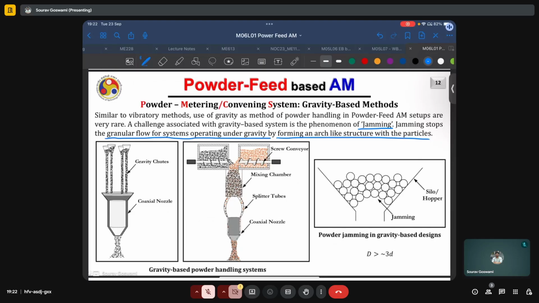It has been reported that if the diameter of the conveyance pipe is capital D and the diameter of the powder particles is small d, and capital D is smaller than or of the order of 3 to 4 times the diameter of the powder particle, such jamming can be encountered very frequently. So the diameter of the conveying pipe should necessarily be greater than 3 to 4 times the powder particle diameter.